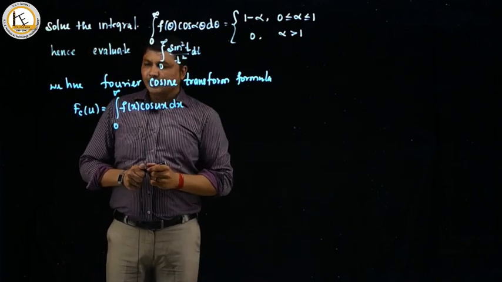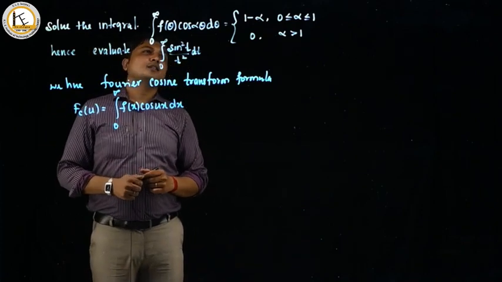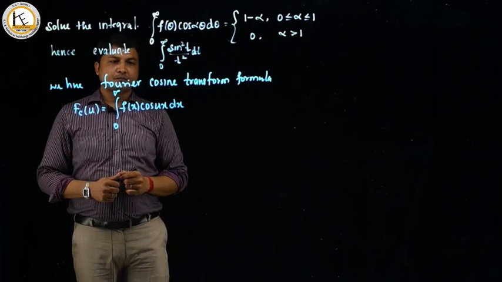So this is the Fourier cosine transform formula.